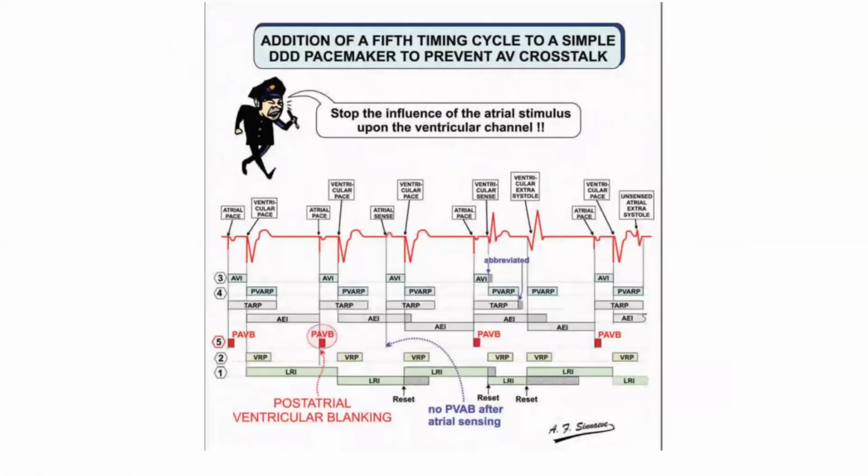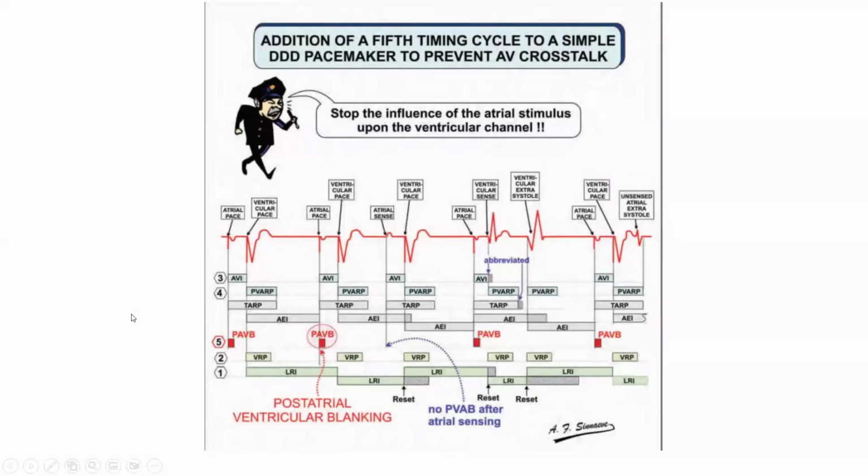Only in case of atrial pacing, when the pacemaker fires an atrial spike in the atrium, I make the ventricular channel blind for a few milliseconds. Why? To avoid feeling this spike and misinterpreting it as a QRS complex, and to avoid asystole, which is very serious for the patient.